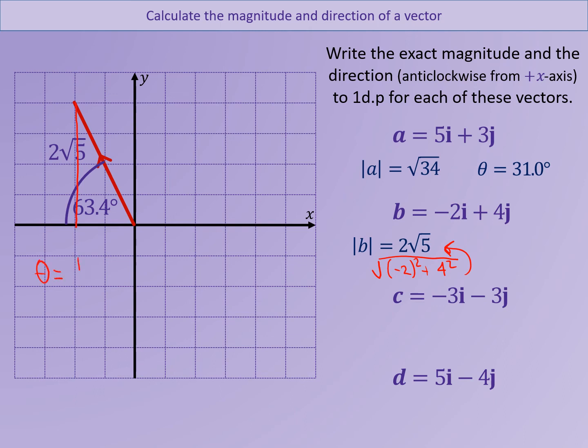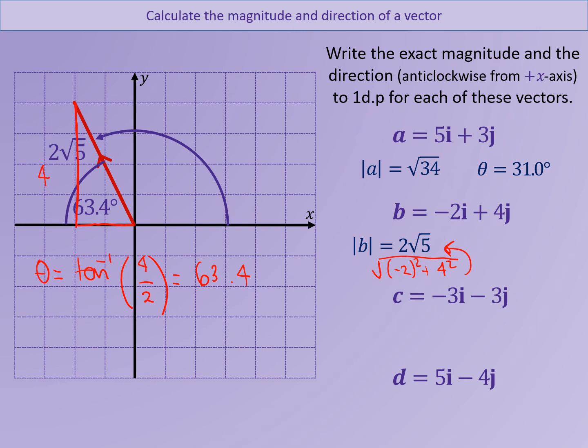Now that comes from the inverse tan of the opposite over the adjacent. Now the opposite is this length here, that's 4. The adjacent is 2, so 4 over 2. This will give us the 63.4 indicated on the diagram, but that is not the direction of this vector. The direction of this vector is given by the angle made with the positive x-axis travelling round anti-clockwise to the vector.